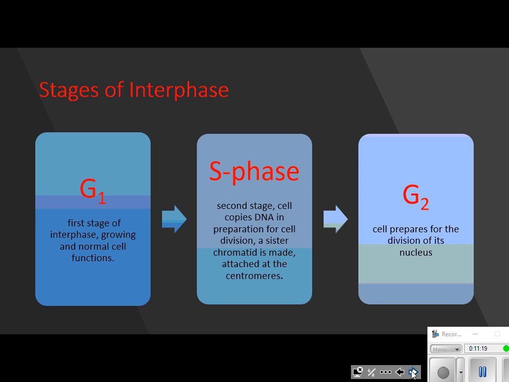The final stage of interphase is the G2, the gap 2 phase. The G2 phase is where the cell prepares for division of the nucleus. Okay, the cell prepares for the nucleus to divide. So the G1, the S, and the G2 phase in that order.